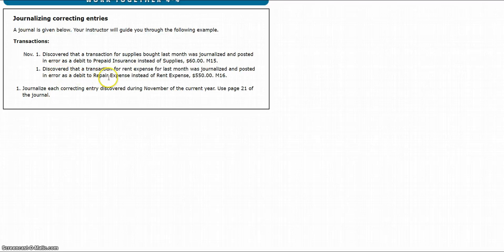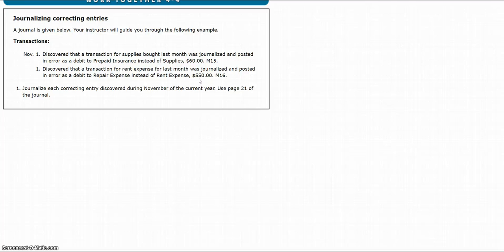It says we discovered that a transaction for rent expense for last month was journalized and posted in error as a debit to repair expense instead of rent expense. So, on my scrap piece of paper, I'm going to write down what the error was. So it was a debit to repair expense. That was my error.